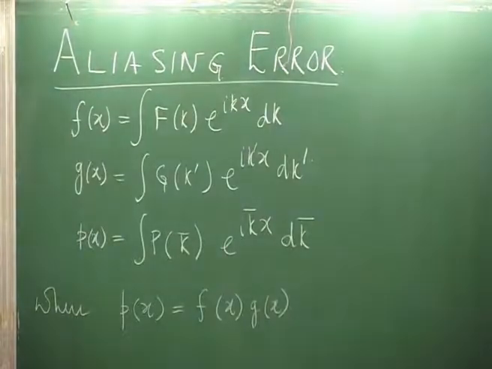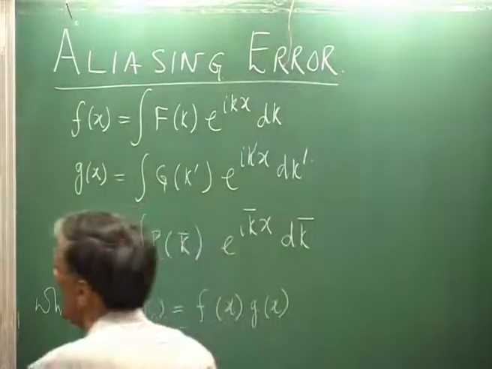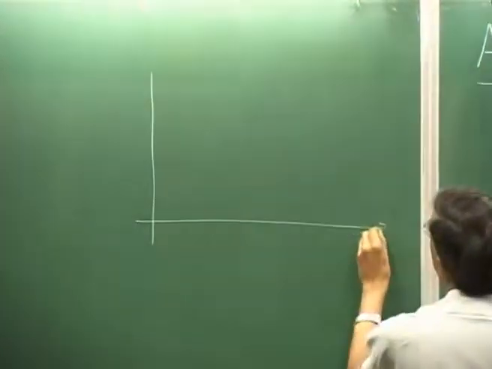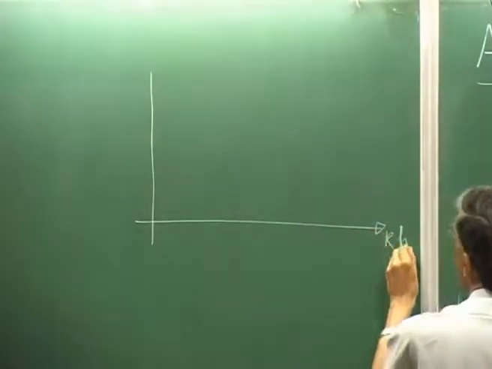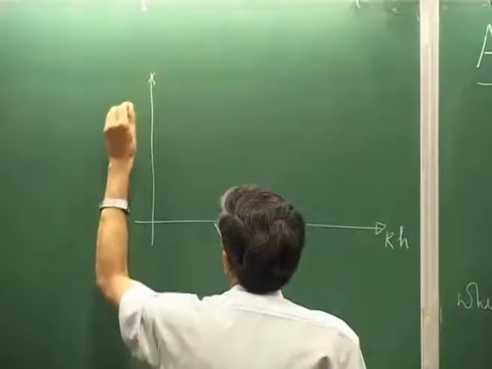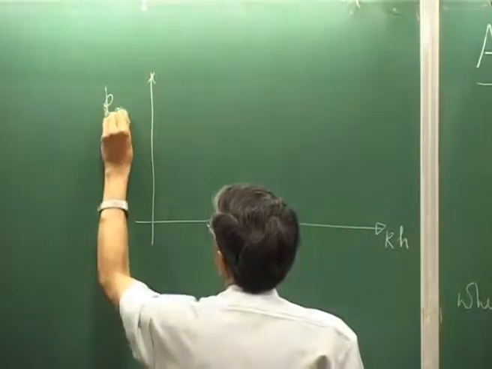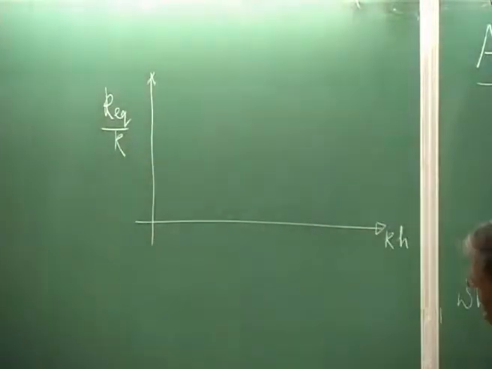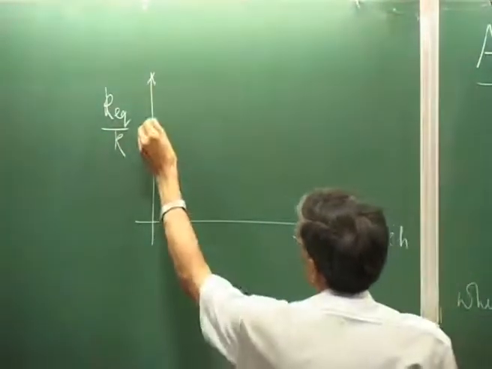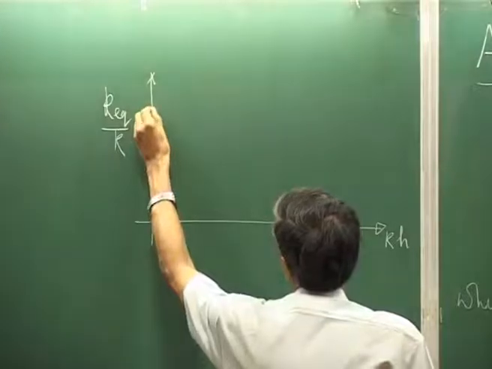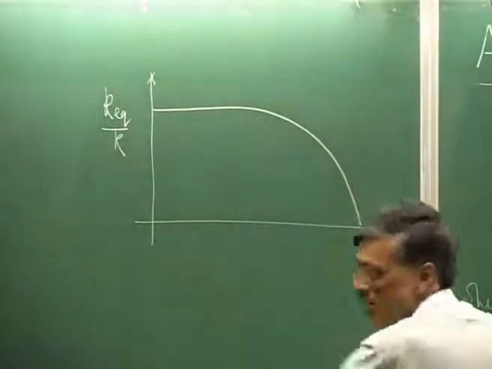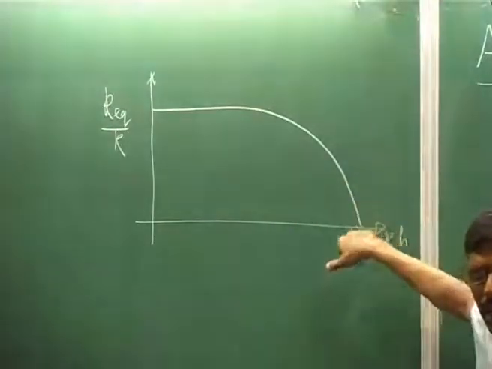What I mean by filtered is the following: suppose I am trying to evaluate a derivative and, let us say, we are plotting the effectiveness parameter. Then what we see is that for the smaller wave numbers they remain faithful, and it is only towards the larger wave numbers that they come down.